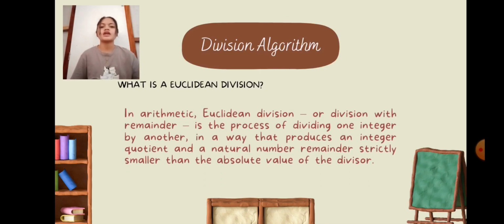This is an arithmetic, the division with remainder. It is the process of dividing one integer by another in a way that produces an integer quotient and a natural number remainder strictly smaller than the absolute value of the divisor. That is what we call Euclidean division.